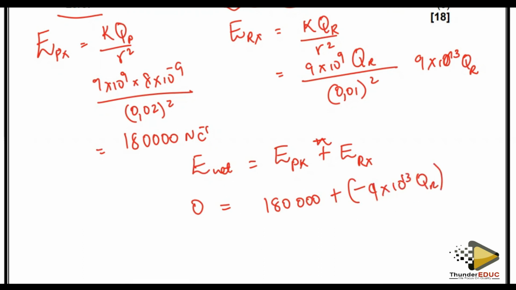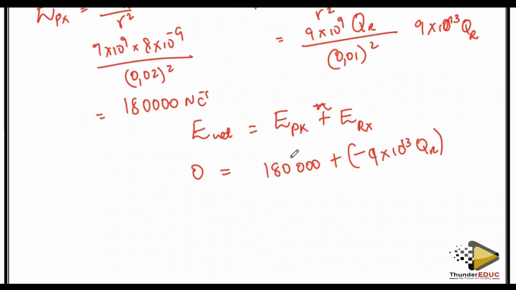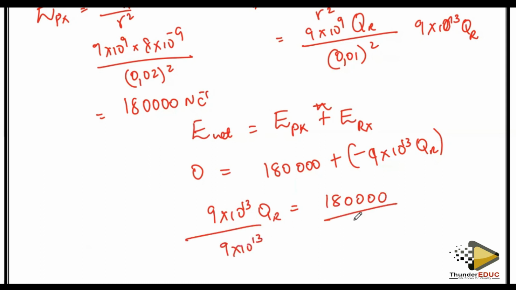So move the 180 to the left, or you can transpose that, so that I have 9 times 10 to the power is equal to 180 tau. Divide by 9 times 10 to the third. Divide by 9, and that cancels that. And then my Q, divide by 9.